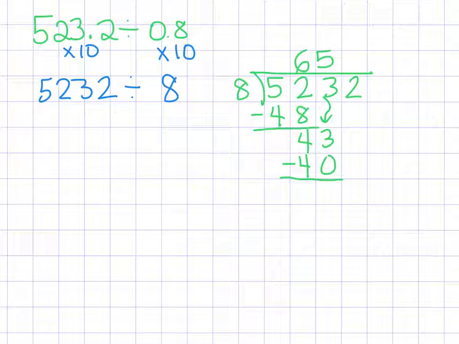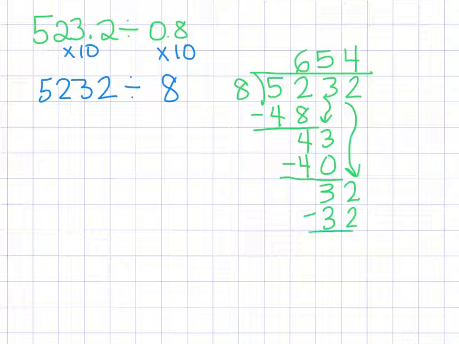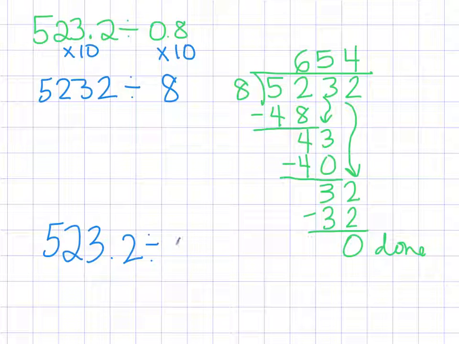So I can take out 40 from the 43, and I have 3 left over, and my bring down number is 2. 8 goes into 32 exactly 4 times. So I can take out all the 32, and I am done. So my final conclusion, 523.2 divided by 8/10 is equivalent to 654.